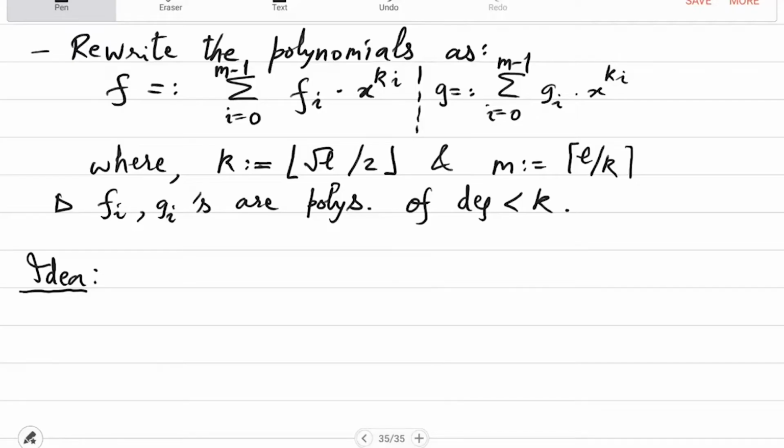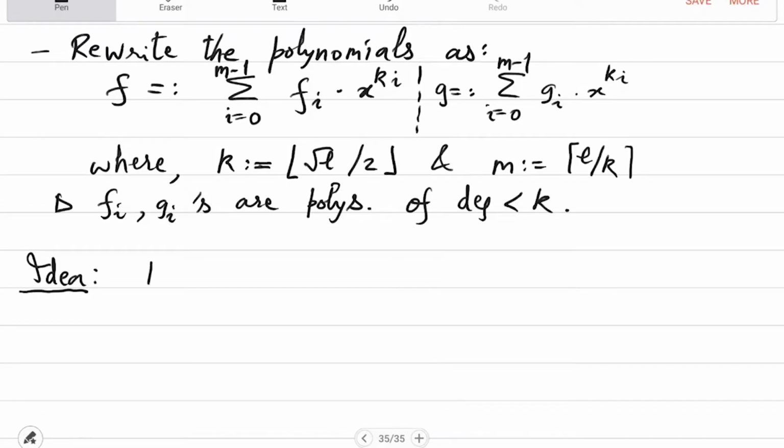Okay, you think of F as bivariate, and the individual degree of y is square root L, and of x it is still L, but the point is that all those monomials are just powers of x to the k, so the k is appearing everywhere. So if you suppress x to the k, then the degree in x to the k is also at most square root L, right? So you have this balancing act.